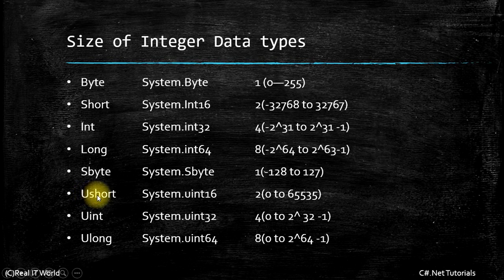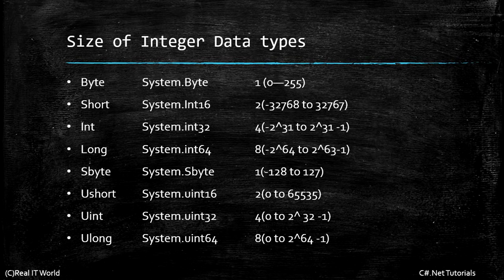What is ushort? Unsigned. Here the short data type is a signed data type, so signed means we can store positive and negative values both. Ushort means unsigned short. Unsigned means we can store only positive values.